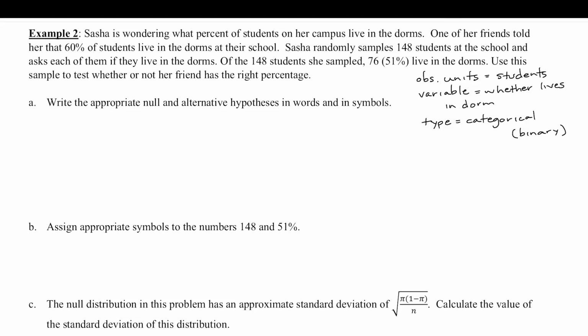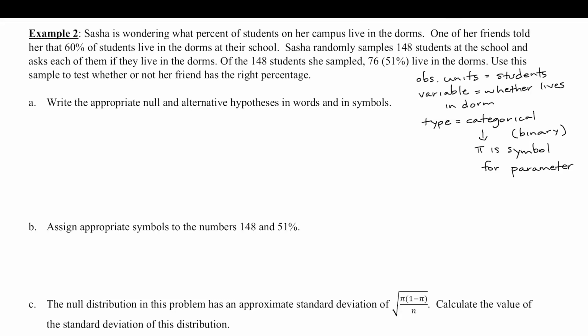All right, so knowing that our variable is categorical, then we're going to use pi for our parameter. So that means our hypotheses are going to be about this parameter pi.